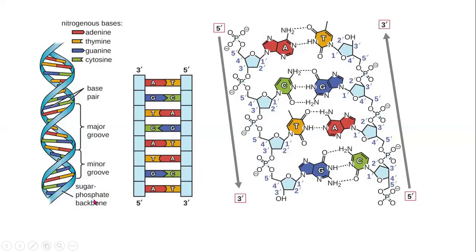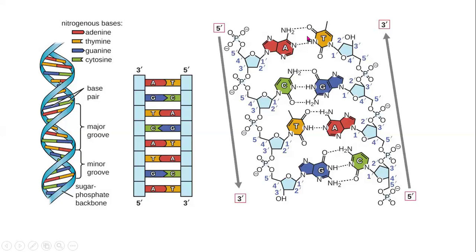So it has a sugar phosphate backbone, and it has these grooves, major and minor, and you have the base pairs. This is a more open structure. You have this direction, look at it, 5' to 3'. You remember at the 5' you have the phosphate group, which is free for chemical bond formation. And at the 3', you have the 3' OH, available for bond formation.